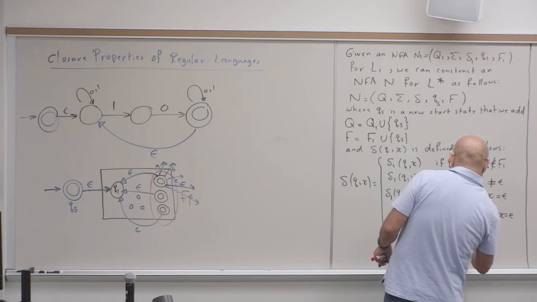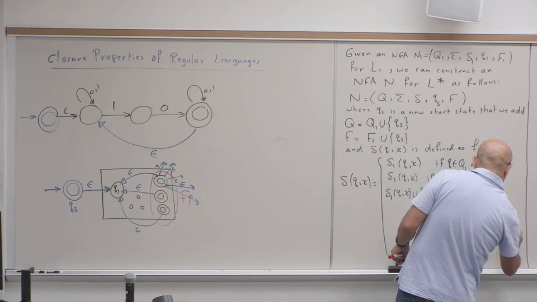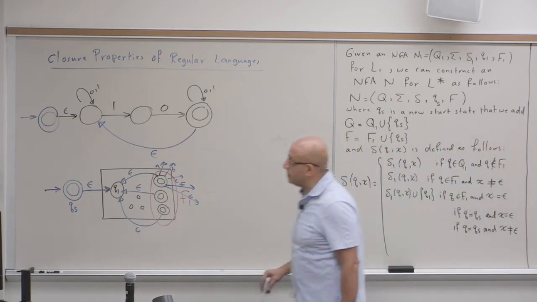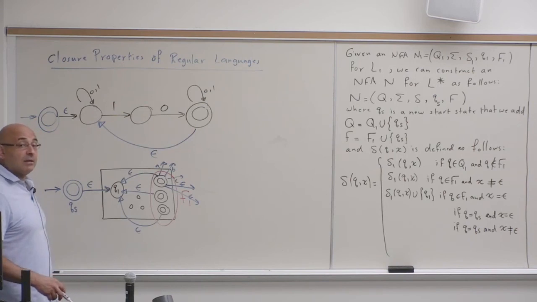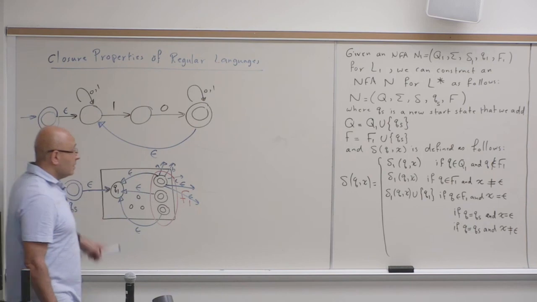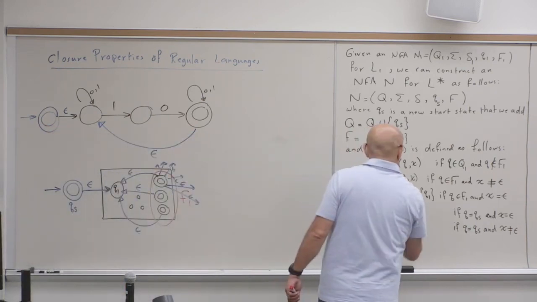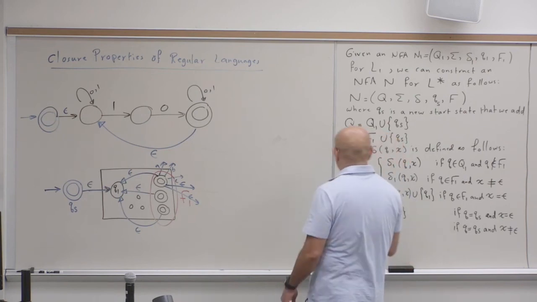And if Q equals QS and X is not equal to epsilon, we have a different transition. Now, what's the transition if X equals epsilon? Where do we go? We go to Q1.